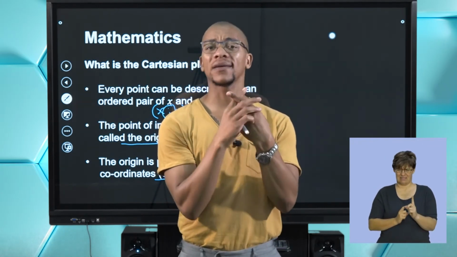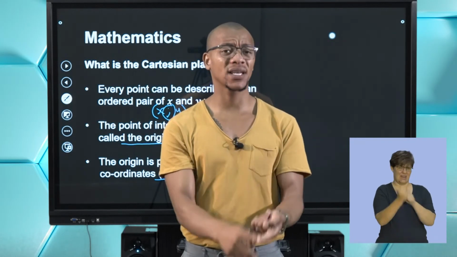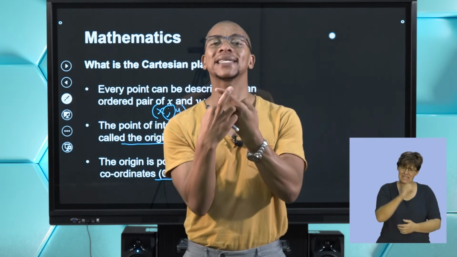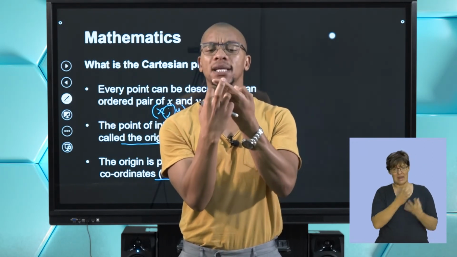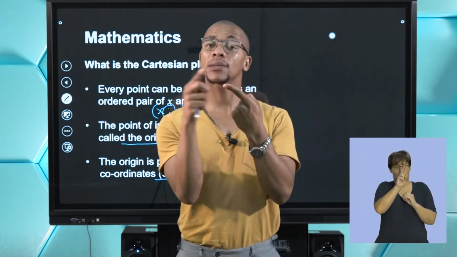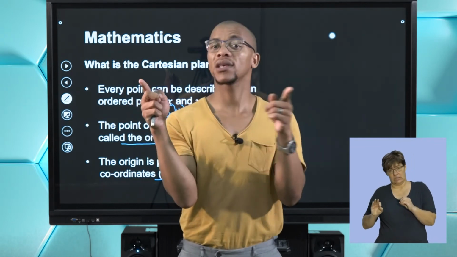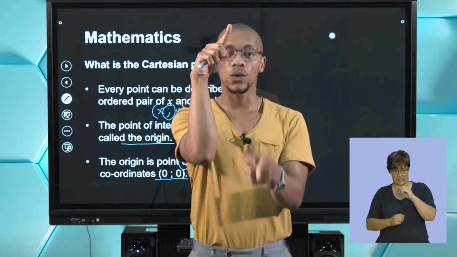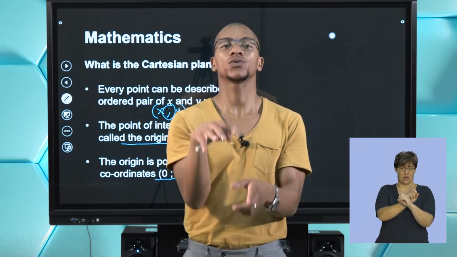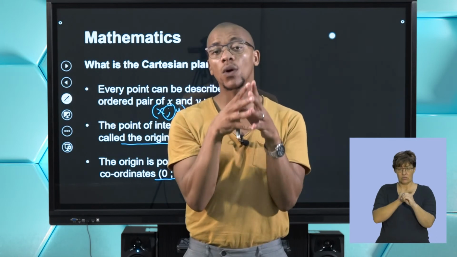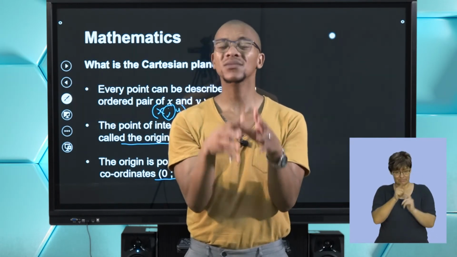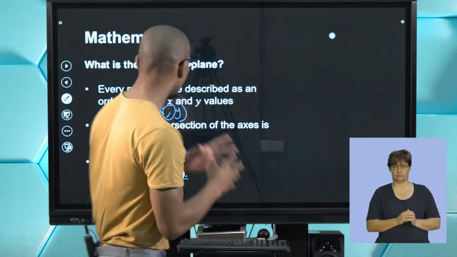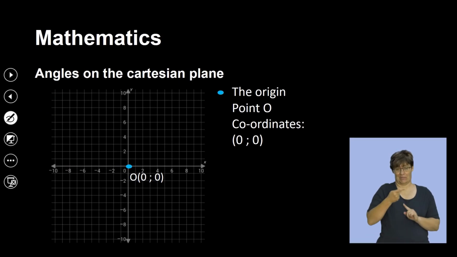That will never be the case, because if you're saying this is the origin, it must always be 0 and 0, because that's where the numbers start from 0, either going to the positive x values or the negative x values, going to the positive y values or going to the negative y values. So you need to make sure that your coordinate of the origin is always 0 and 0. So that's what the origin is all about.